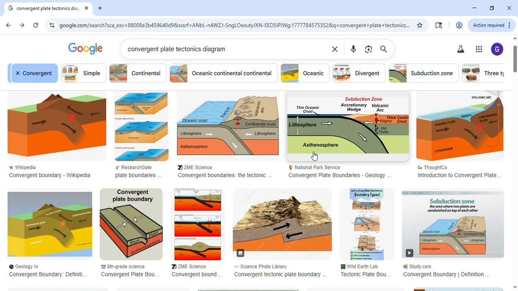We categorize them into major plates like the massive African or Pacific plate and minor plates such as Nazca and Arabian plates. Think of these plates as giant sheets of ice floating on a lake, constantly moving, colliding, and shifting.